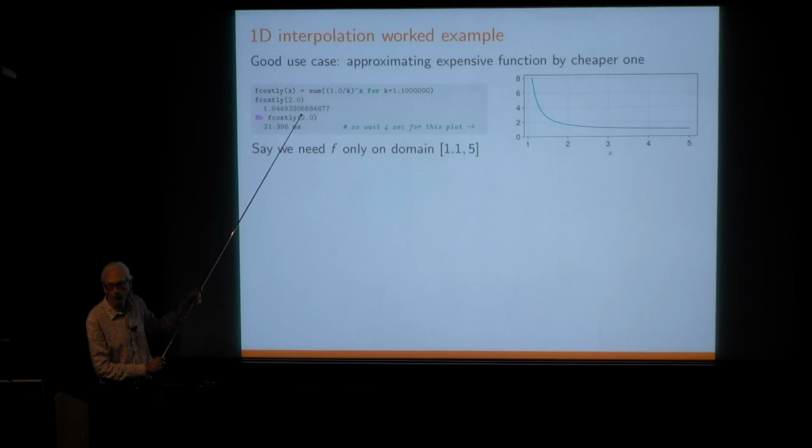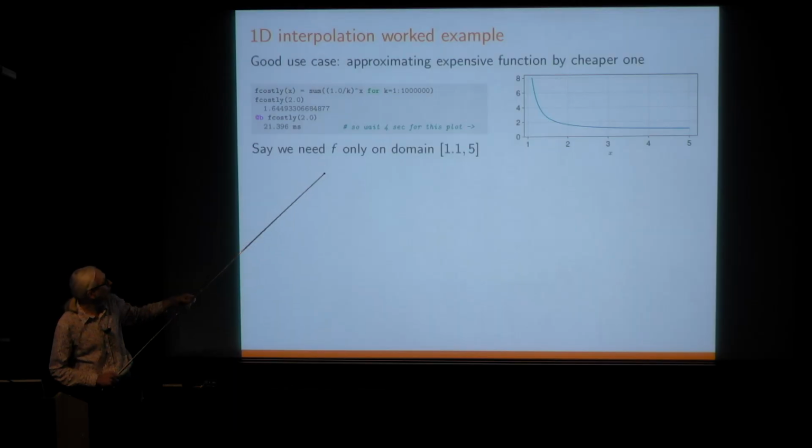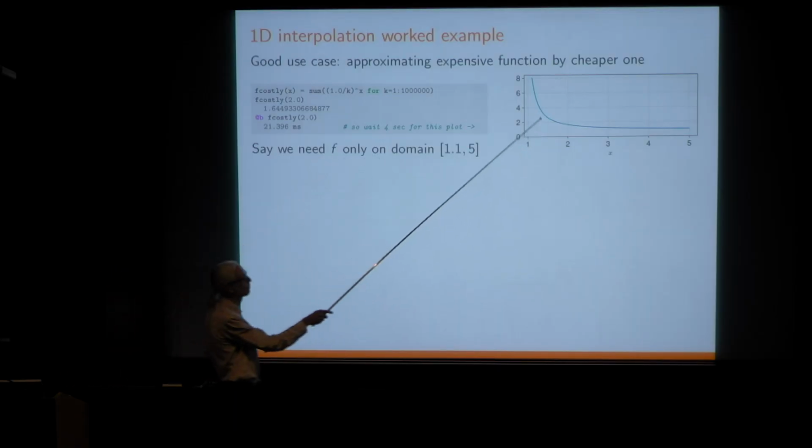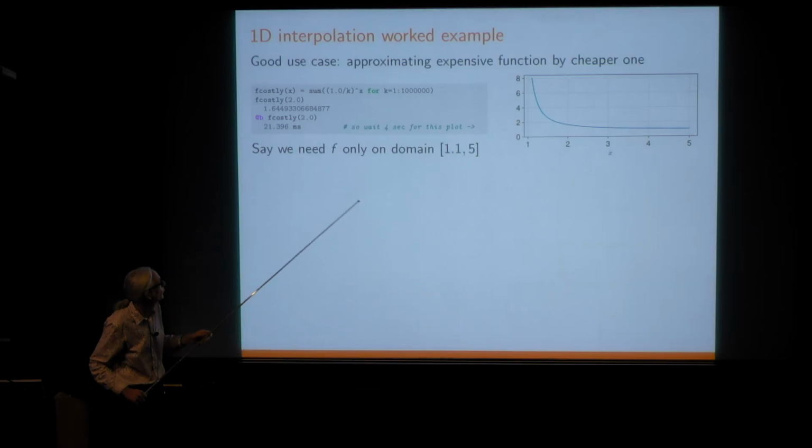It evaluates something. And this little benchmarking thing does some timings of the function, and it tells you it takes 20 milliseconds to evaluate. So if you want to even just plot the thing with 200 points, we're waiting 4 seconds, which is sort of annoying.